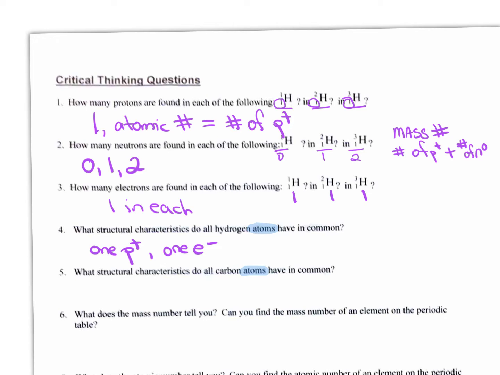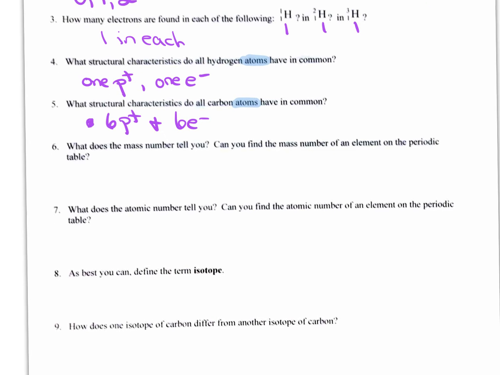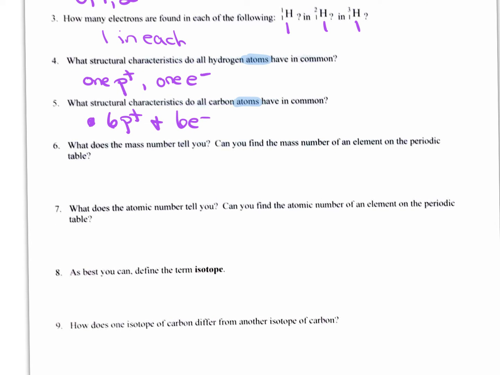The same thing as the hydrogen, they actually have 6 protons and 6 electrons. This is information I can find off the periodic table, but we had the diagrams we could look at, and we can count the number of dots if we wanted to. But we're not always going to have the dots, so we need to know how to find it.